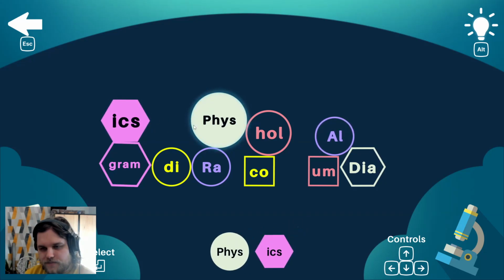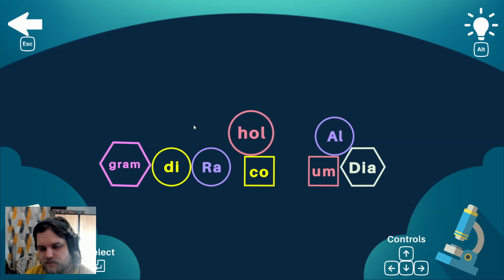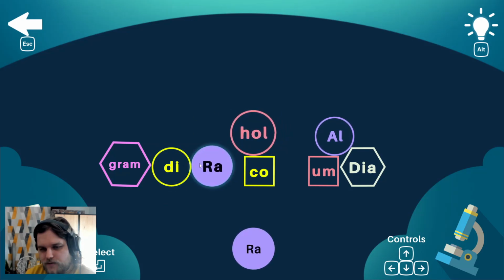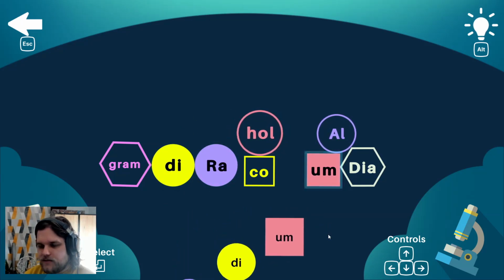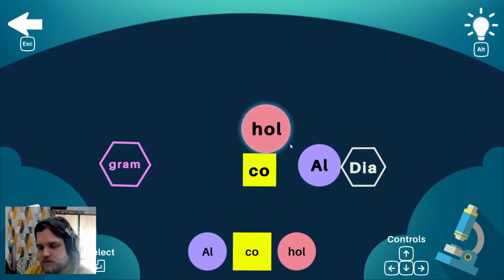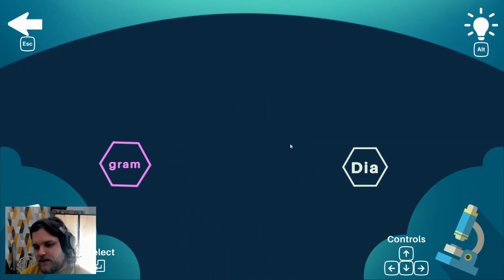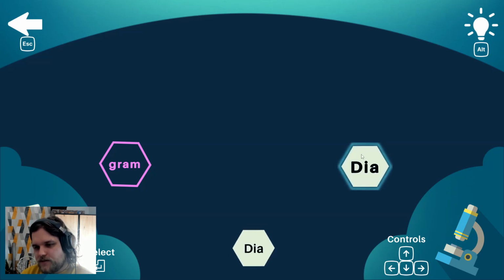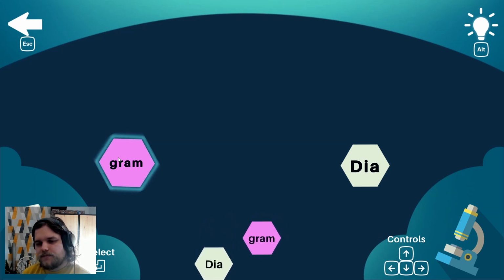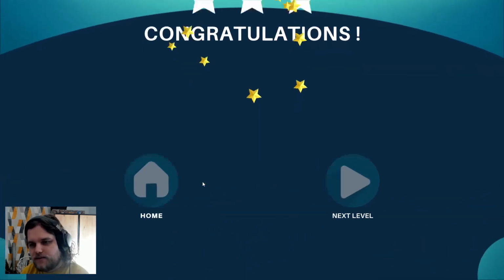Physics. Radium. Alcohol. Something created as a byproduct, of course, so different chemical reactions. The diagram. Something.